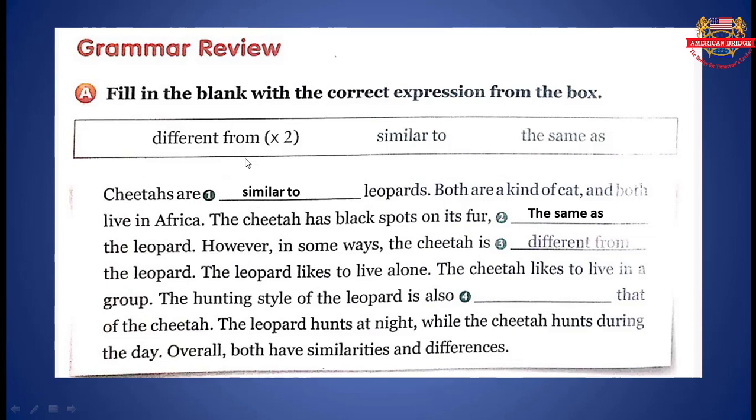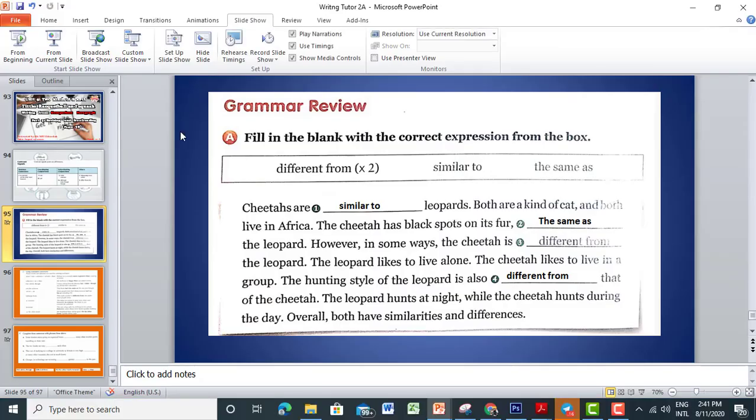The hunting style of the leopard is also different from that of cheetahs. So the right answers: number 1, similar to. Number 2, the same as. Number 3, different from, and number 4, different from.